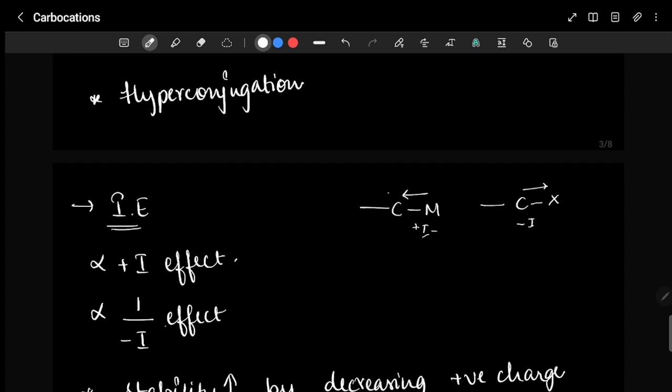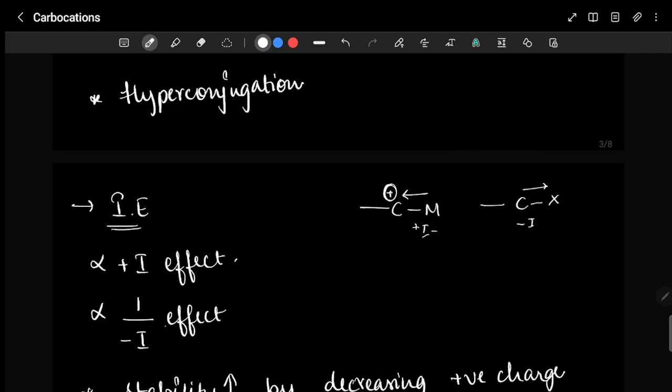So carbon has positive charge here, which means it is electron deficient. So when there are plus I groups, electrons are being donated to carbon, and the positive charge gets nullified. When charge gets nullified, the stability increases, as we know from this graph.